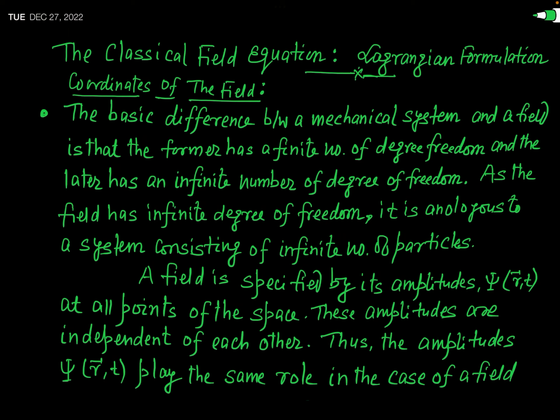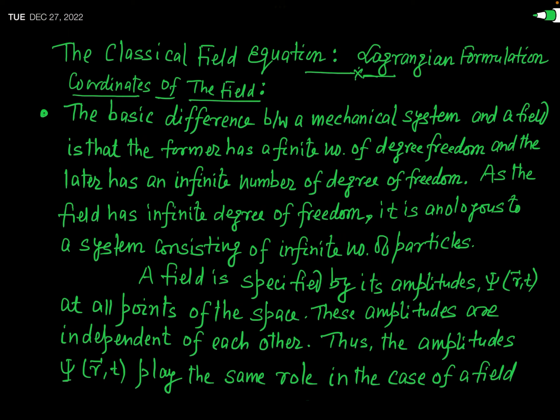And when you talk about the Hamiltonian formulation, then apart from the generalized coordinates, you also need the generalized momentum coordinates. But here we are first of all talking about the Lagrangian formulation. So as you know, in Lagrangian formulation, a classical system is specified in terms of the generalized coordinates.